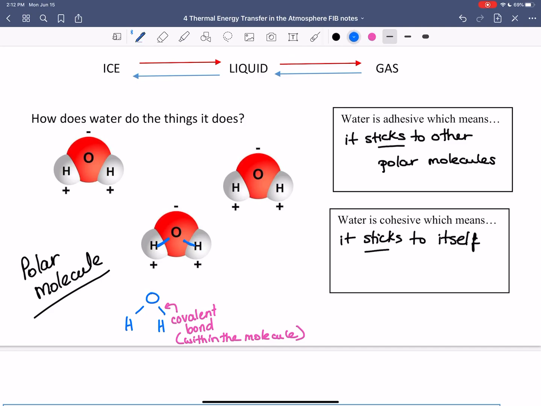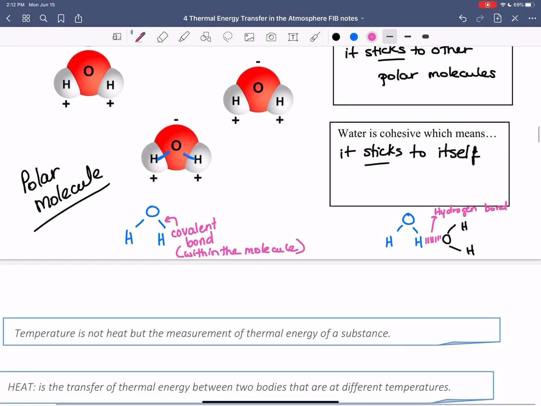Whereas a hydrogen bond is a loose attraction between one water molecule and another, because this guy is attracted to that guy. It's called a bond, but it's not. They're not attached together; they're attracted to one another. So these are two separate water molecules attracted to one another.